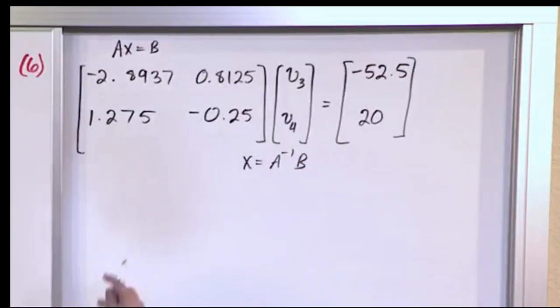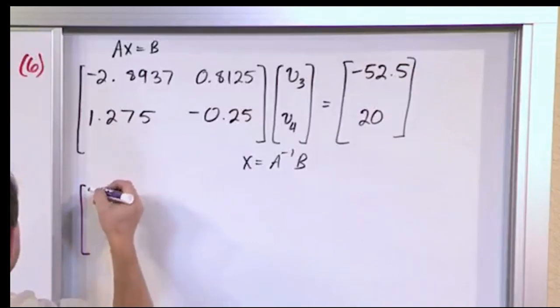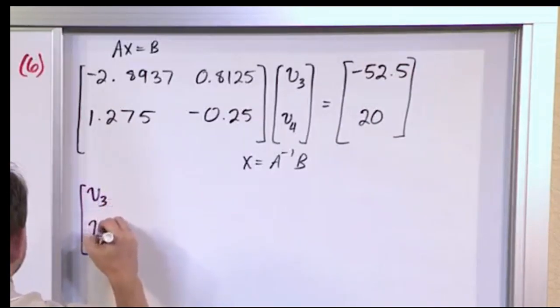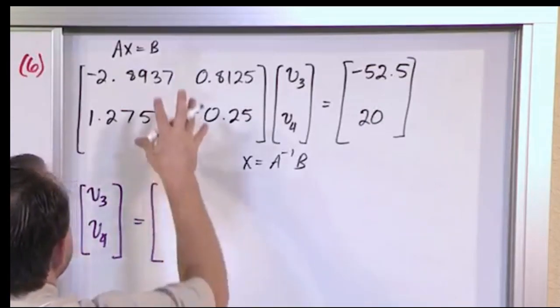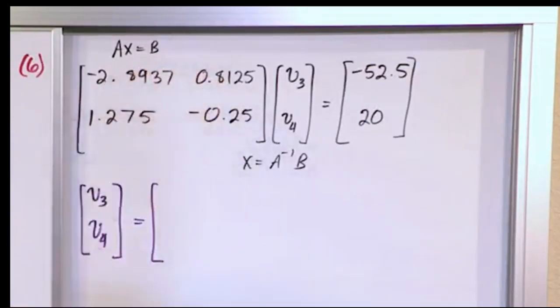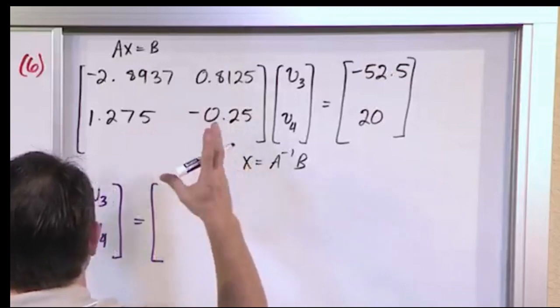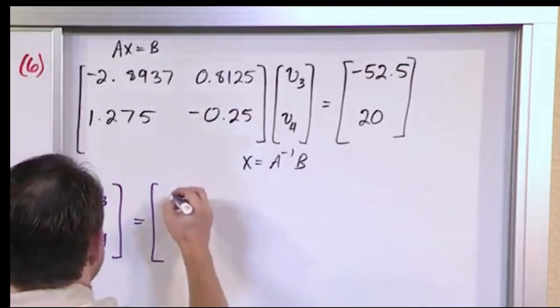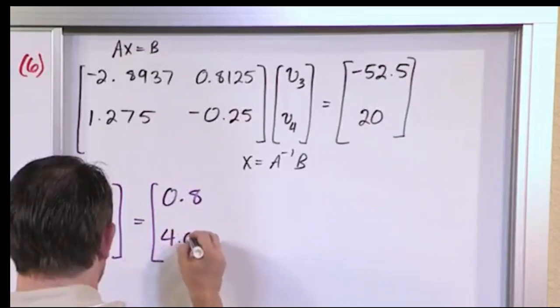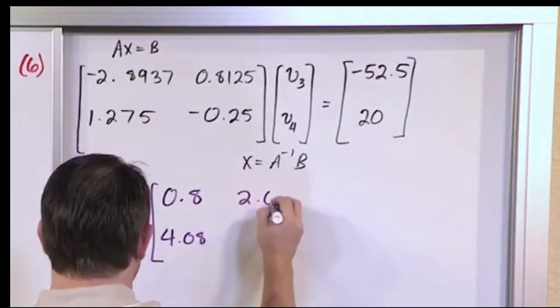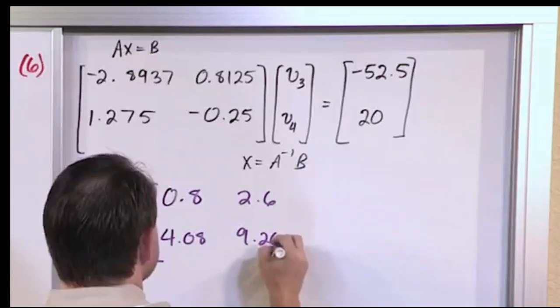So what we're going to be left with is V3 and V4 are going to be equal to the inverse of this matrix. If you put this in the calculator exactly as written and hit the inverse button, what you're going to get is a nice inverse, actually: 0.8, 4.08, 2.6, 9.26.